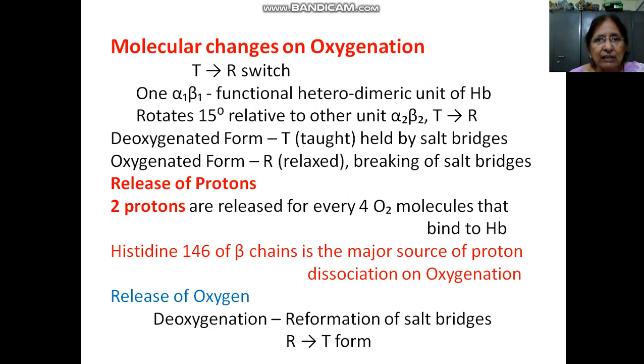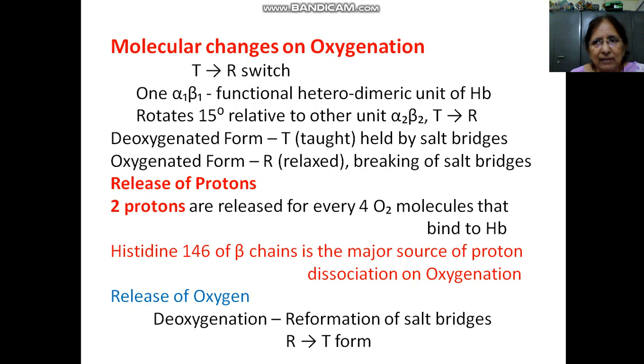What are the molecular changes when oxygenation takes place? The deoxygenated form of hemoglobin is known as T, that is taut, which is held by the salt bridges. The oxygenated form of hemoglobin is known as R, that is the relaxed form, where the salt bridges are broken.